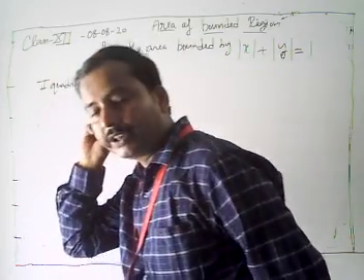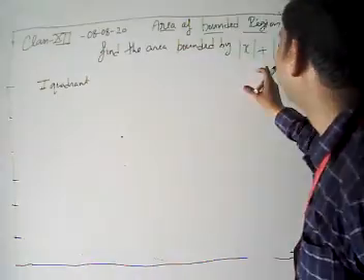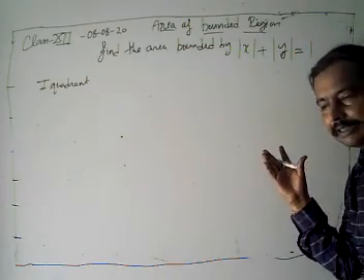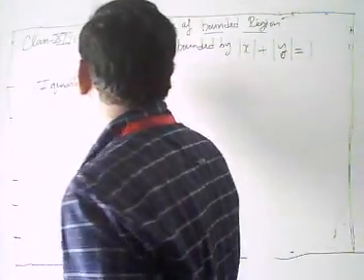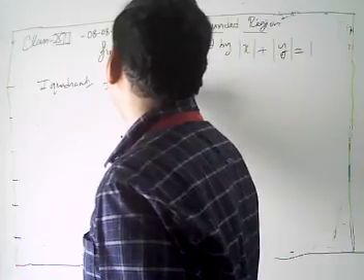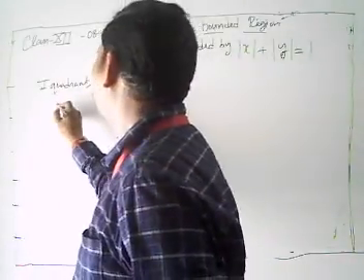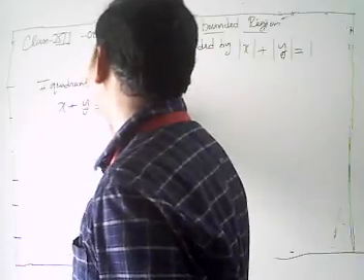Since it's a question of a line, we are going to use our coordinate section. x plus y equal to 1 represents a straight line. In the first quadrant, our x is positive, our y is positive. Mod x is x and mod y is y. Then x plus y equal to 1.